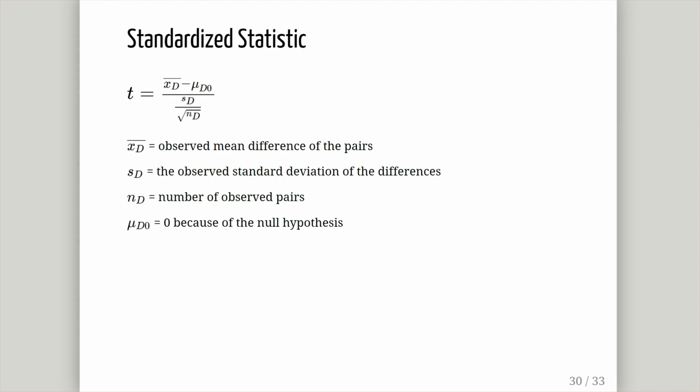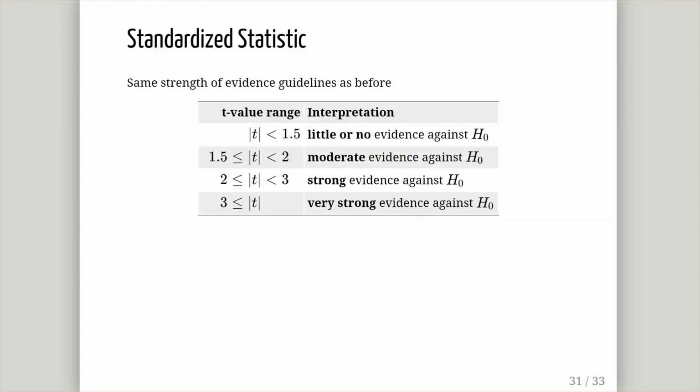If your standardized statistic is closer to 0, you have weaker evidence against the null hypothesis. Here are the strength of evidence guidelines. You can just review them here too.